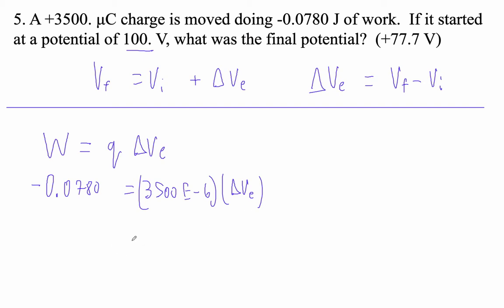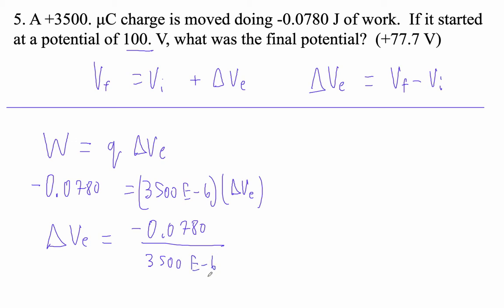Let's do it though. Change in electric potential is negative 0.0780 divided by 3,500 times 10 to the minus 6th.